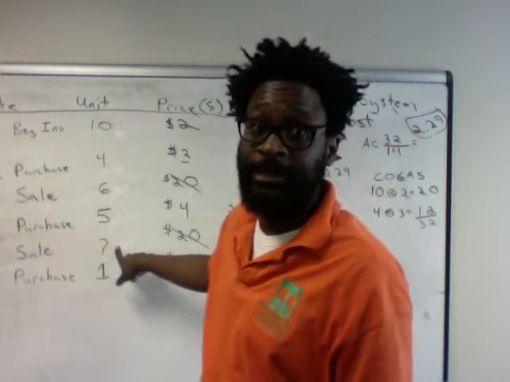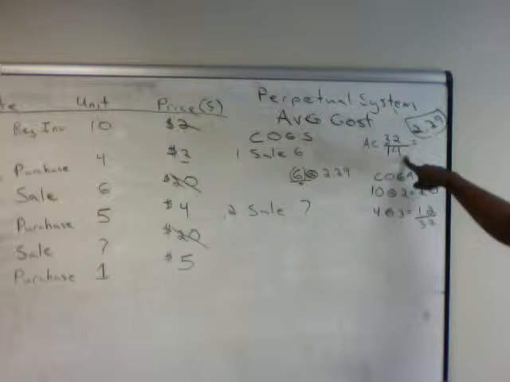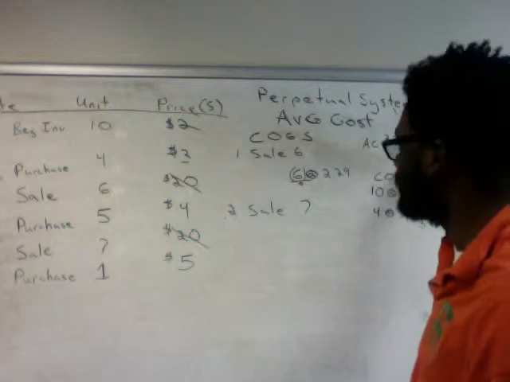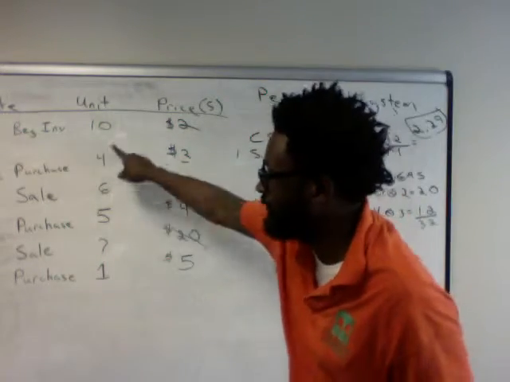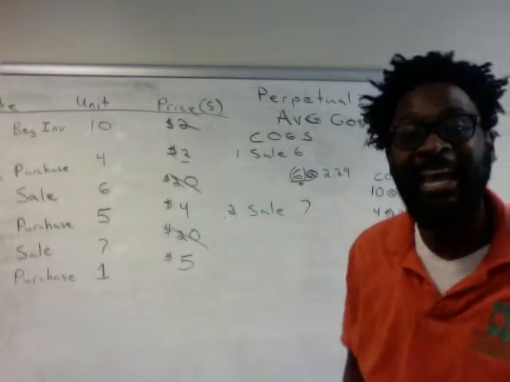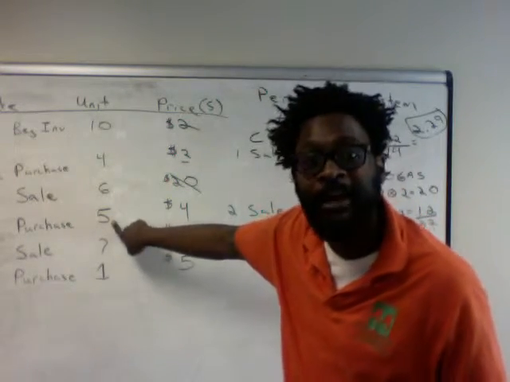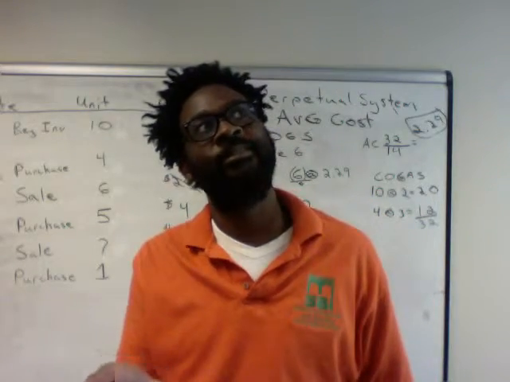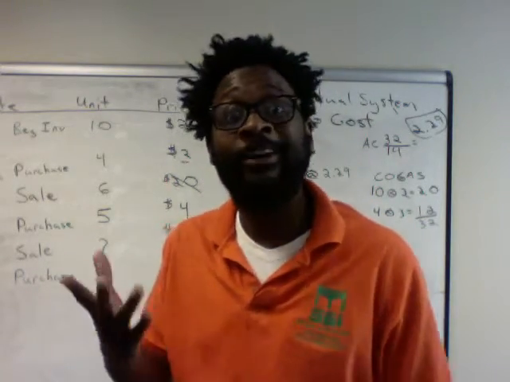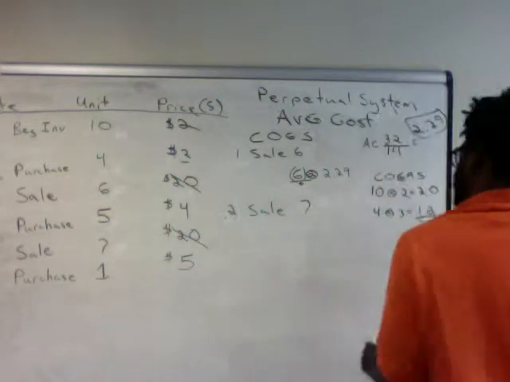Well, think about it. Out of that original 14 that we just finished selling 6 of, we have 8 left. Then we made a purchase of what? 5. So 8 plus 5 gives us 13. We have 13 units available right before this sale.